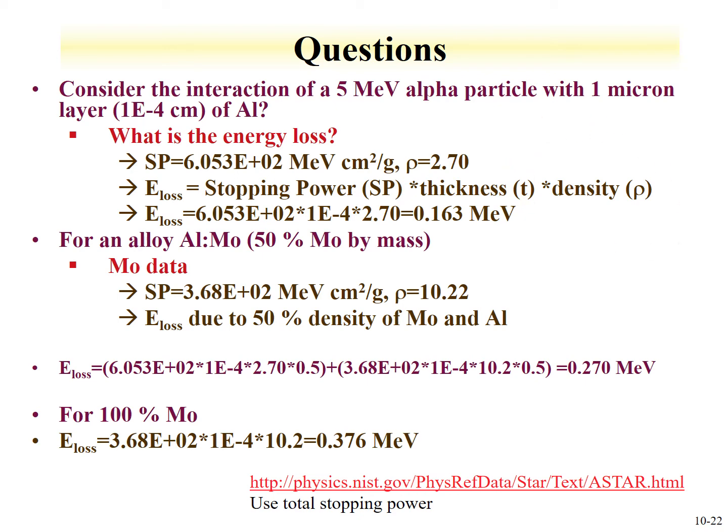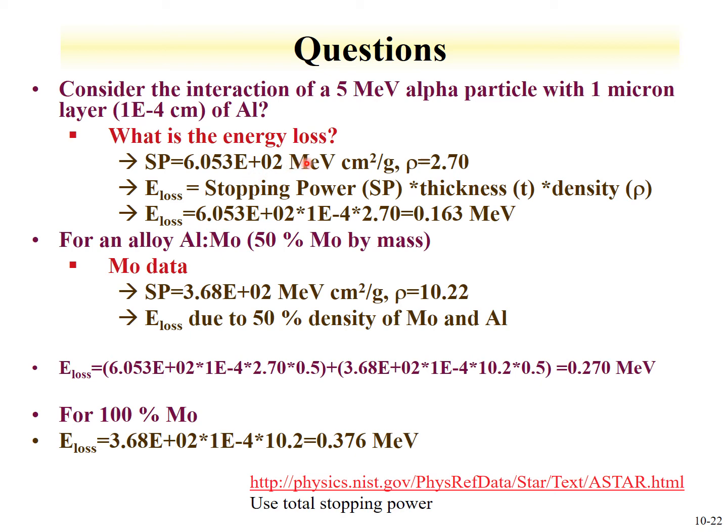And the information available for aluminum: the stopping power for a 5 MeV alpha in aluminum. If we go to the ASTAR web page and look at the data for 5 MeV, we get 6 times 10 to the 2 MeV centimeter squared per gram, and the density of aluminum is 2.7 grams per centimeter cubed.